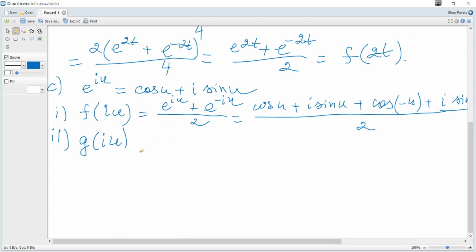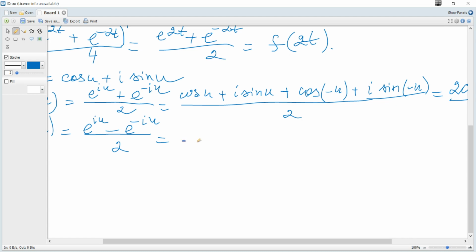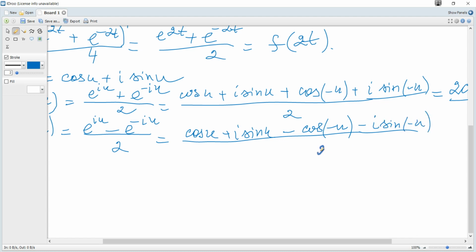And g of iu becomes e to the power of iu minus e to negative iu over 2. And similarly, it becomes cosine u plus I sine u minus cosine of negative u minus I sine of negative u over 2.